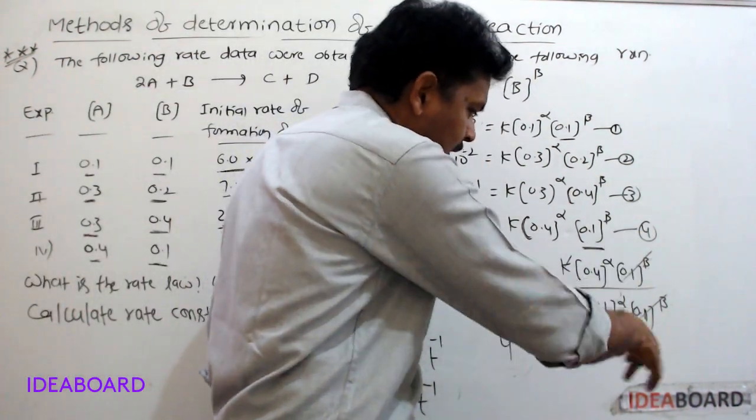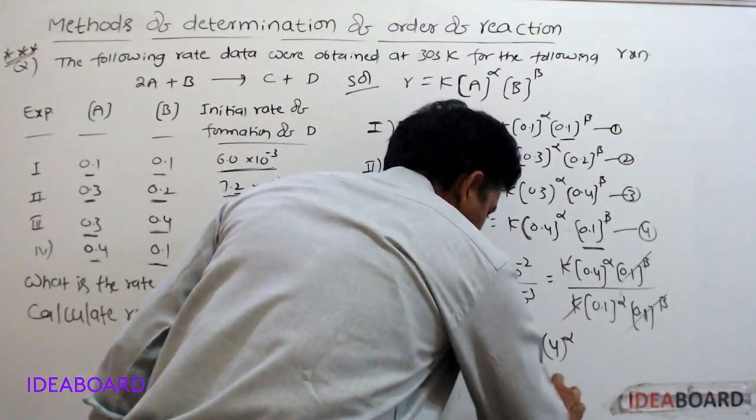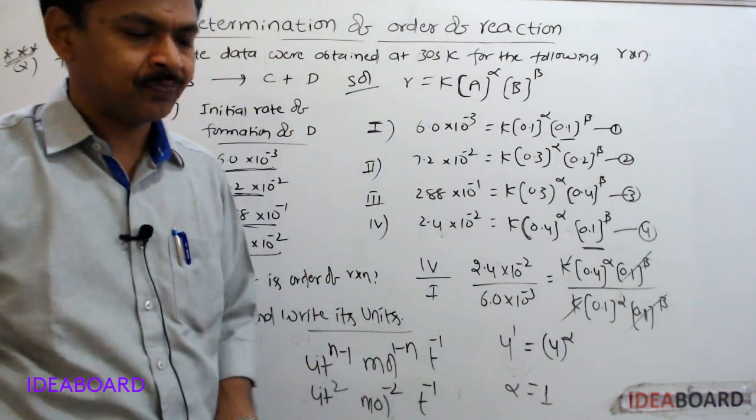Then alpha is equal to how much? 1. Alpha is equal to 1.